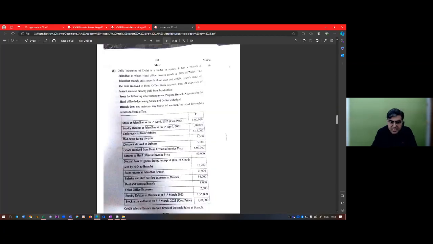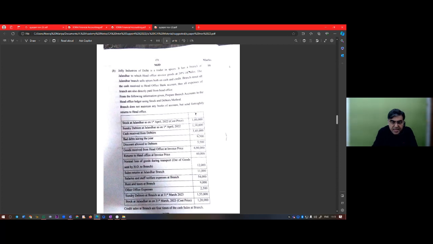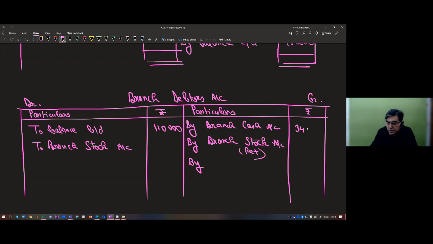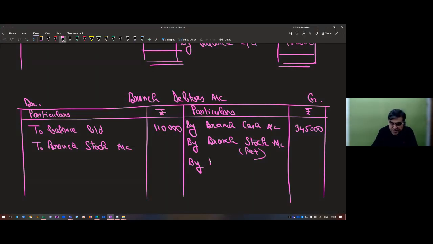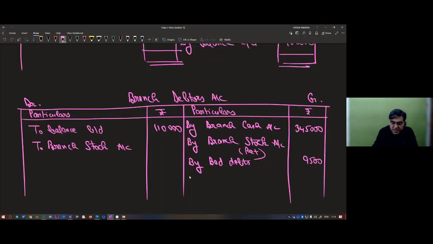So guys, opening debtors are 1,10,000. Cash received 3,45,000. Bad debts 9,500, discount 5,500.